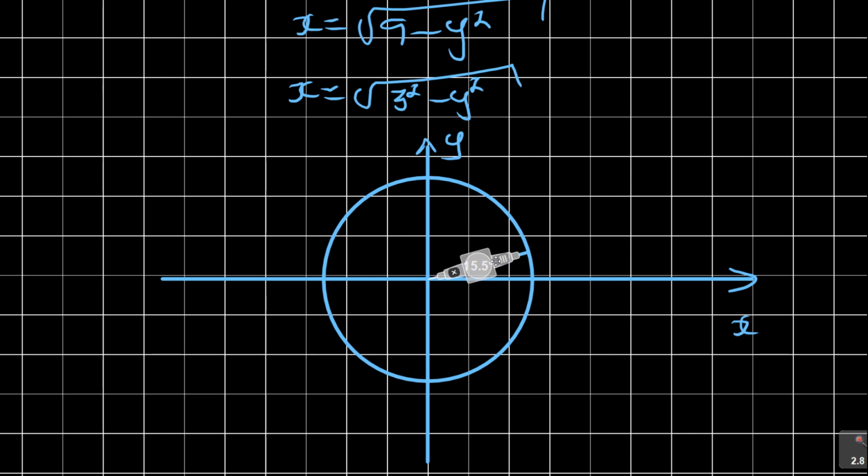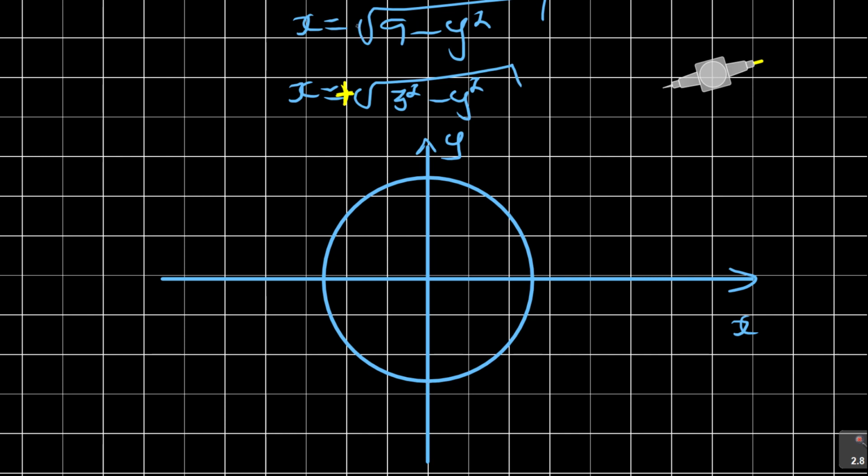It's a circle, but now remember, I need to make x positive. It means this graph only has the values of x which are positive. Any value of x which is negative is not part of the graph. Why?